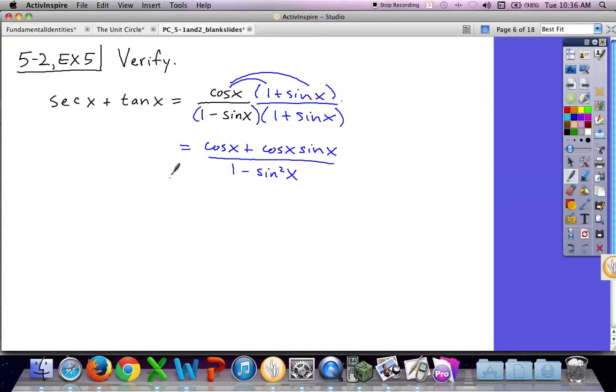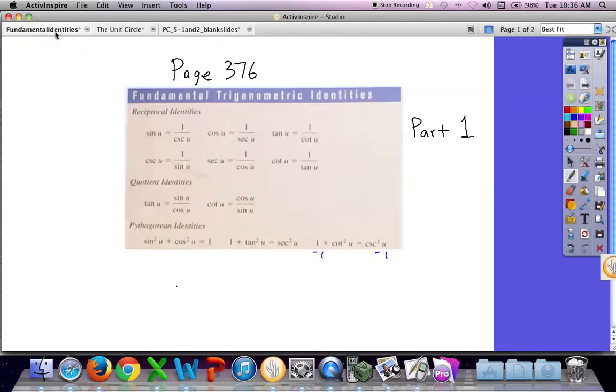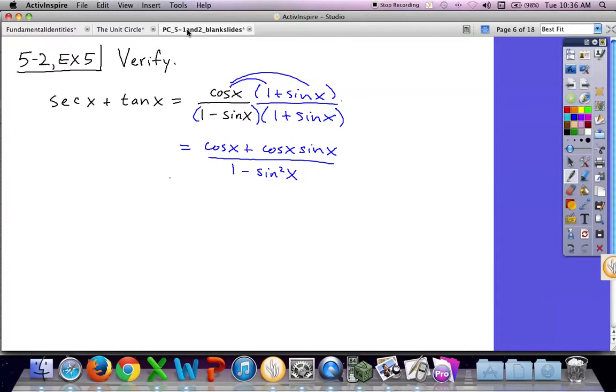If you go back to the fundamental identities, we have this one. Whenever you see sine squareds and cosine squareds and you want to do a substitution, it's probably going to be this one right here. Sine squared x plus cosine squared x equals 1.